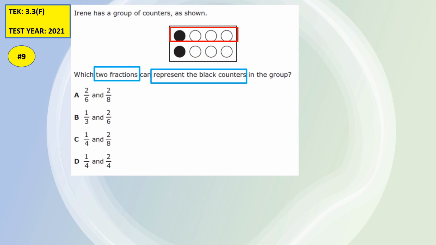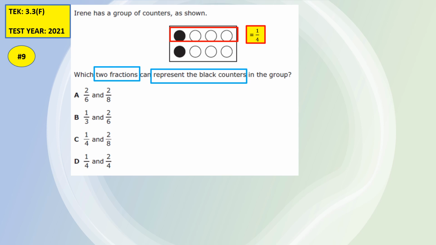So if I just look at the top half of the model, that top half, the black counter would represent 1/4. Well, do I have an answer choice with 1/4? Yes, I do. Two answer choices with 1/4. Answer choice C and answer choice D. Okay, so I chopped my model in half and I determined that the top half represents 1/4.